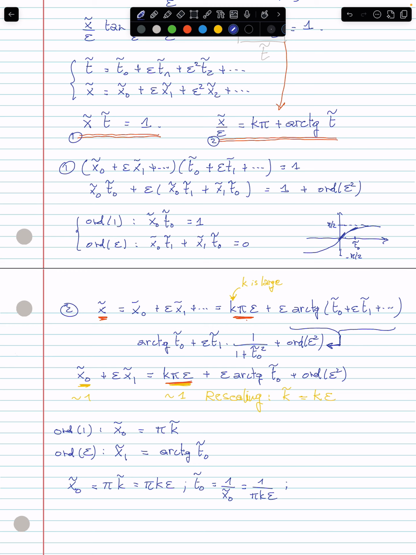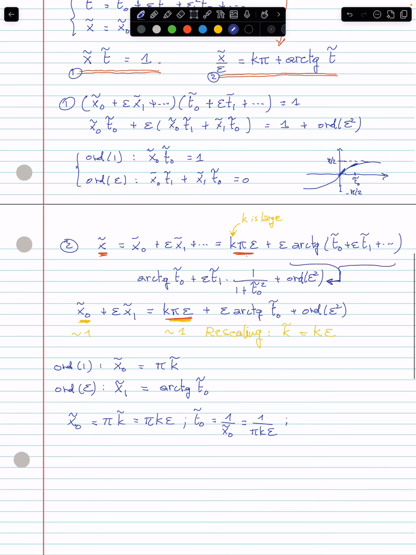We have a second equation here, which, in combination with this one, should provide two equations with two unknowns, x1 and t1, but you see that this one is already solved for x1. So we have x1 is arctangent of t0, so 1 over pi k epsilon.